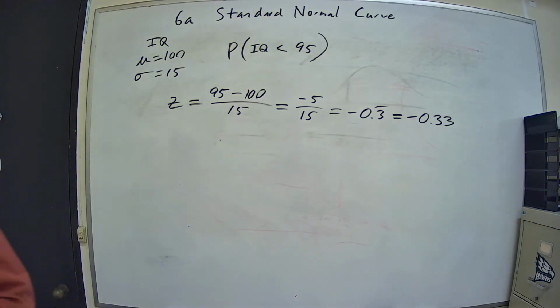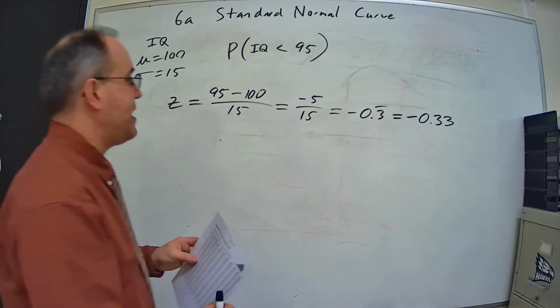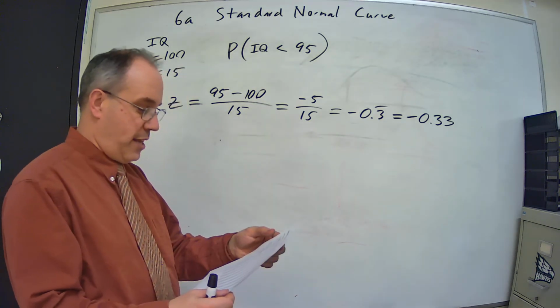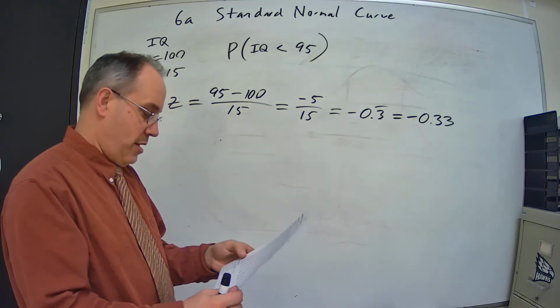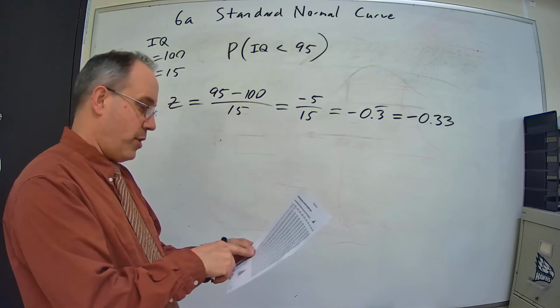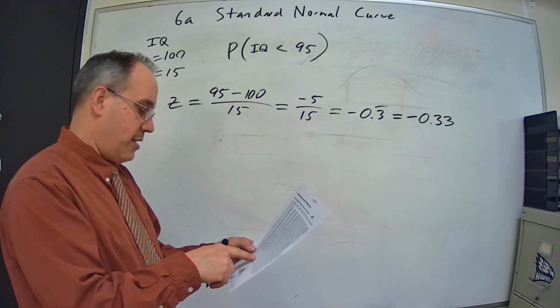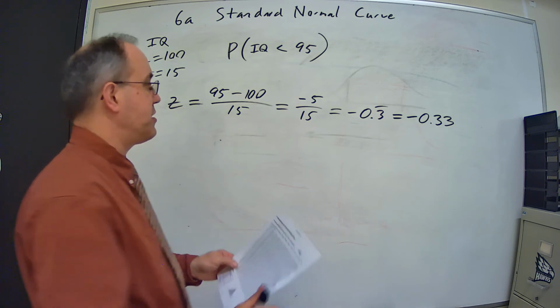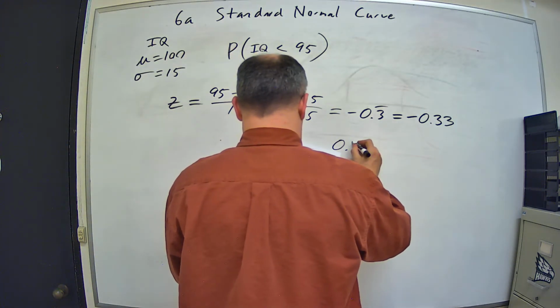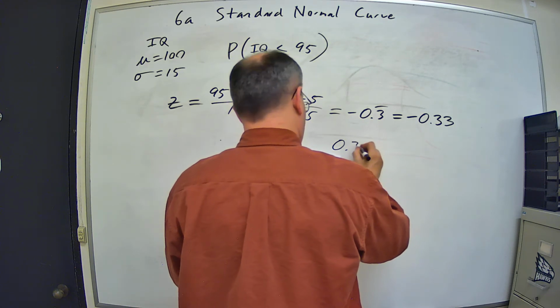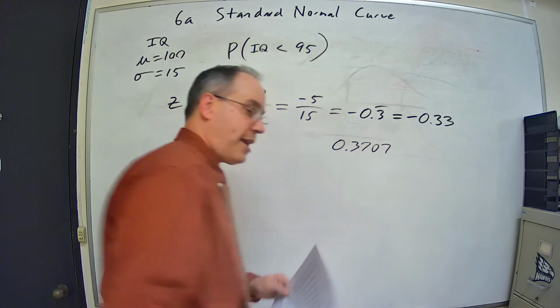So I grab that table again, and I'm at negative 0.33, so negative 0.3, get onto the left side of the table. Negative 0.3, and I come over to 0.03, and I get 0.3707. Had to look back at my table here.